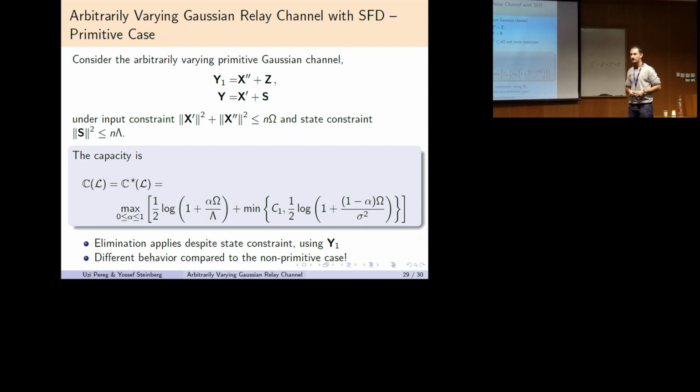Is the Gaussian, no states, nothing, the simple Gaussian primitive relay channel? Yes. Meaning input to receivers that is connected with a link, is it no? Yes, I'm talking about the case of sender frequency division. No, just the simple, no states.